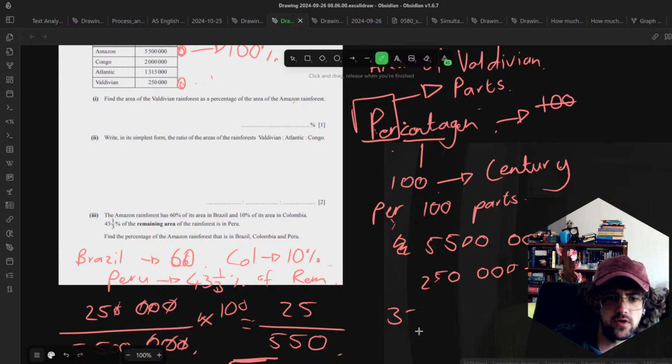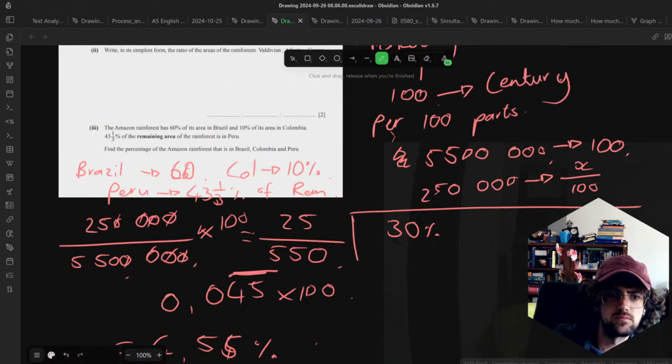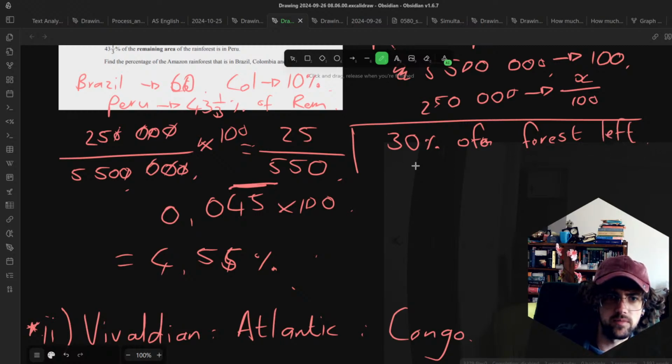So I've got 30% left. Okay, so I've got 30% of the forest left. And of that 30%, 43 and a third percent is in Peru.